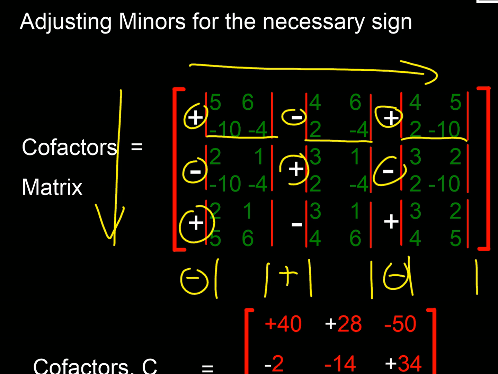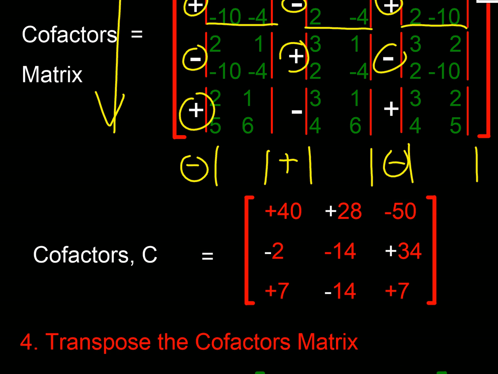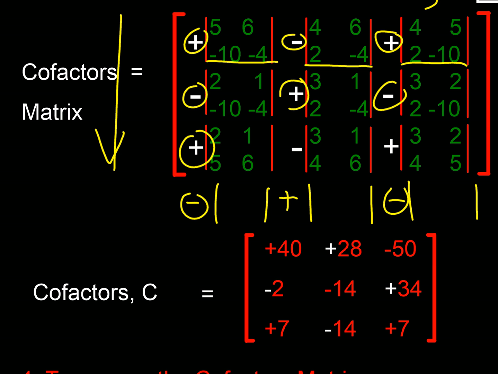Let's work out the values. Straightforward finding the values using the determinant method that we've had today. So if I look at the top left, I find the determinant up here. I've got 5 times minus 4, take away 6 times 10, so that's minus 20, plus 60 gives me plus 40. Thing I do need to watch out for is the ones with the negative sign. So let's have a look at the second one here, the 28.